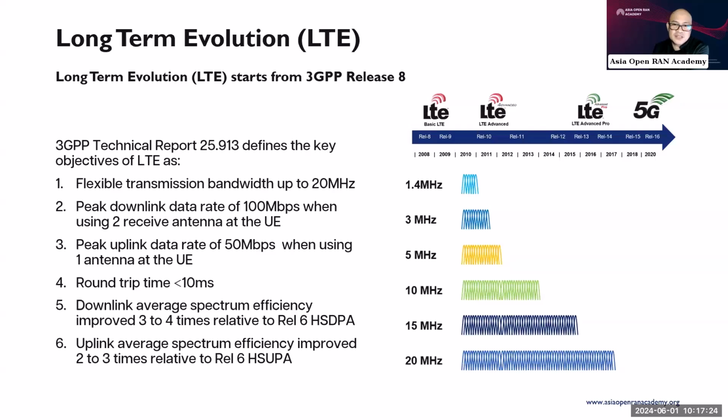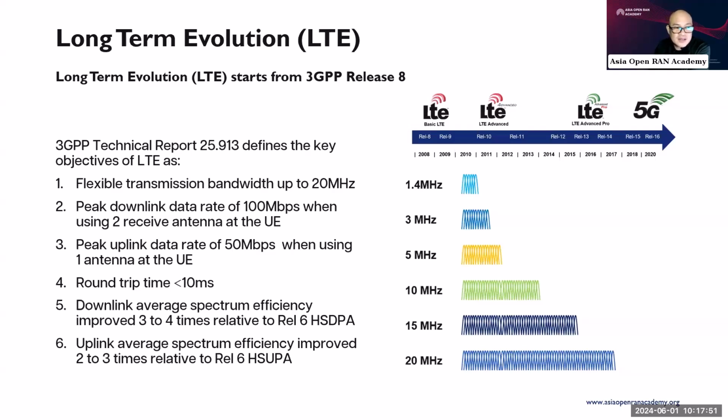For example, an operator that only has 900 megahertz with 10 megahertz of bandwidth cannot deploy a 20 megahertz LTE. With flexible transmission bandwidth, the operator has the freedom to choose, so they can still deploy LTE in whatever bandwidth they have.